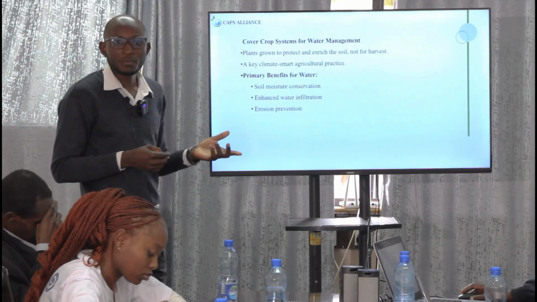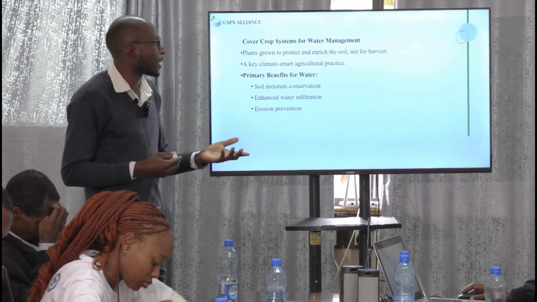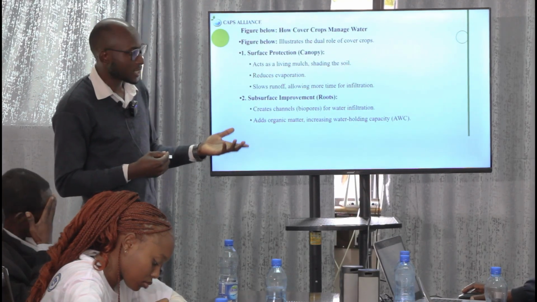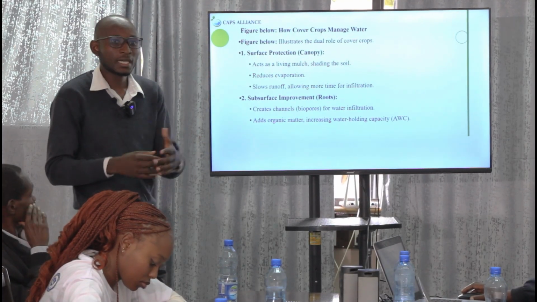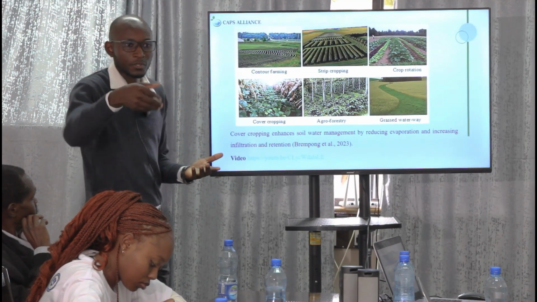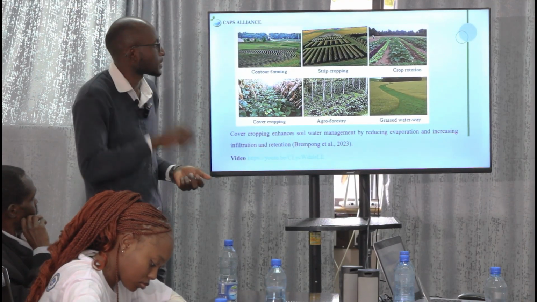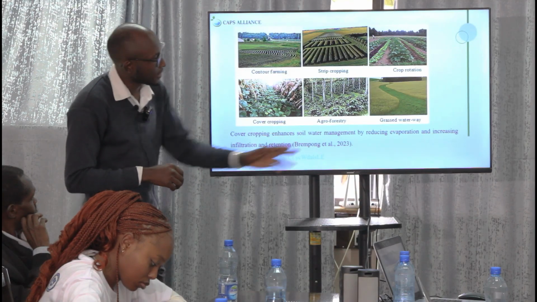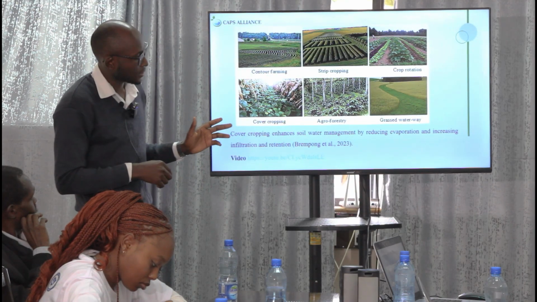So cover crops, as we had mentioned before, that one I won't delve so much into, but it also helps maintain moisture, helps with the water infiltration because of the roots that come with cover crops. And here this summarizes a lot of these practices.